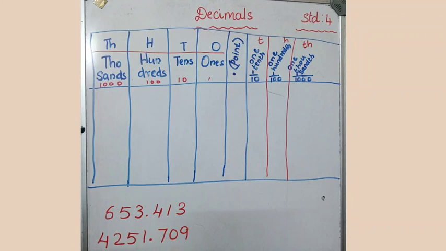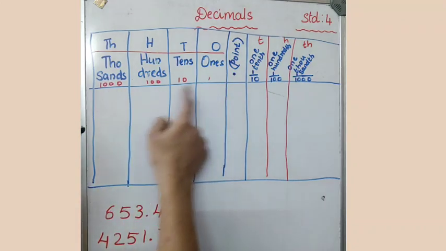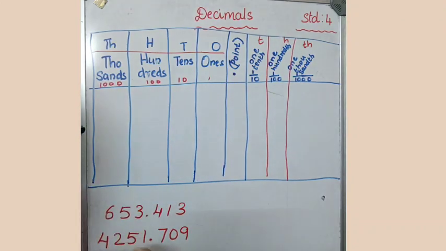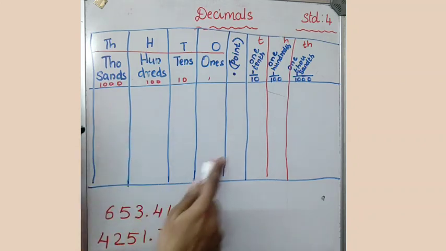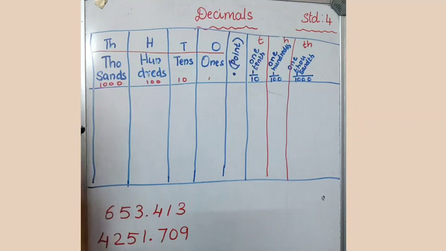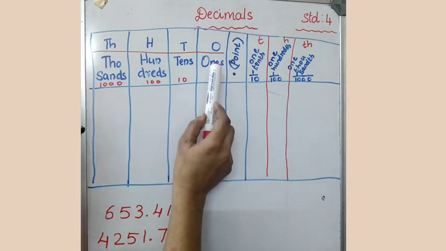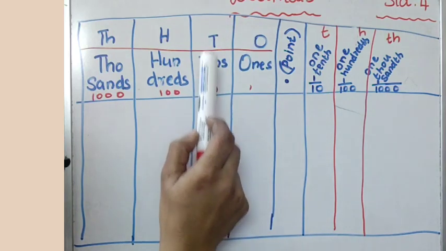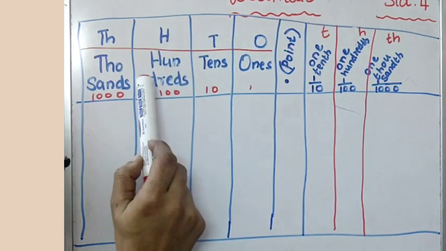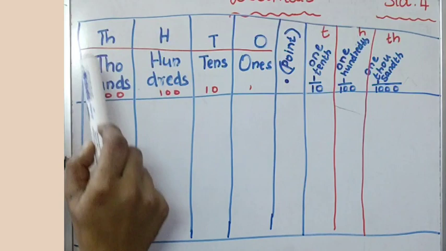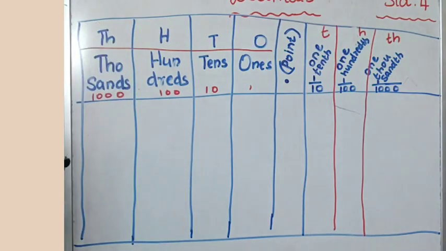In the whole number part, the place values are ones, tens (T), hundreds (H), thousands (TH).